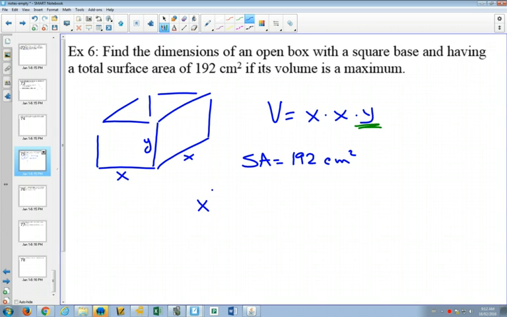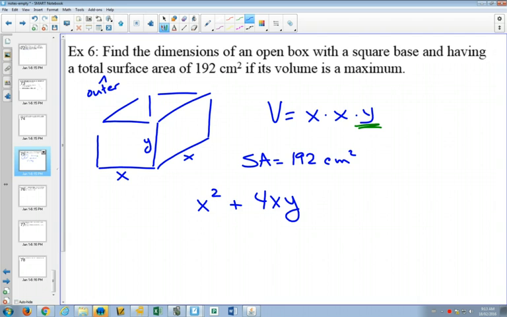So if we take the area of the bottom, we get x squared. Does it make sense that one of these sides is going to be xy, and you have 1, 2, 3, 4 of them all the way around the box? This problem probably should have been even clearer and said an outer surface area, and we're not going to count the surface area inside the box.